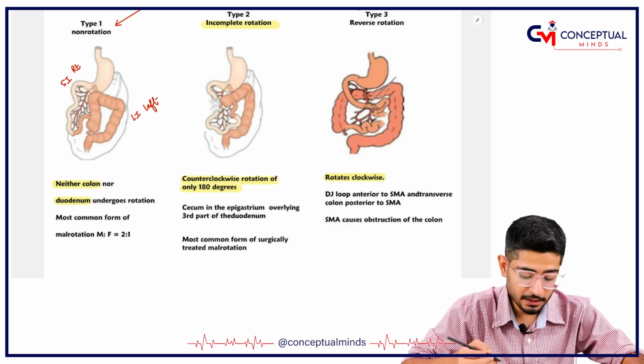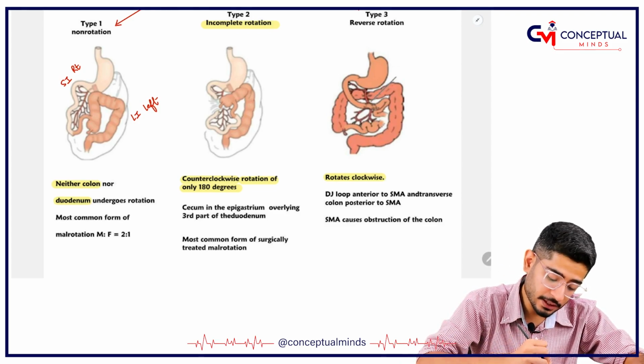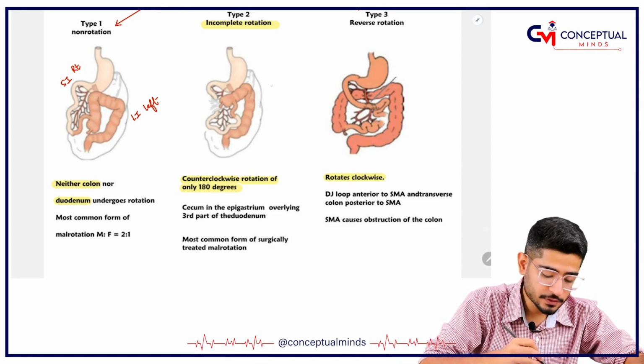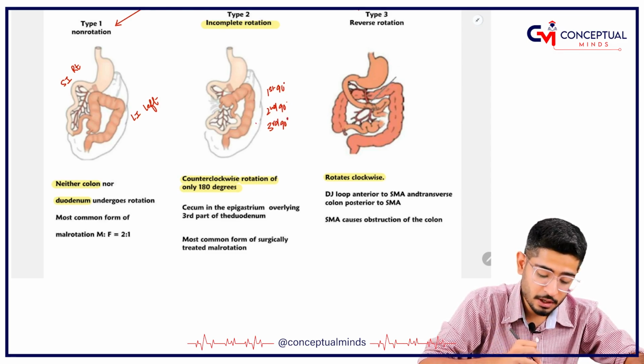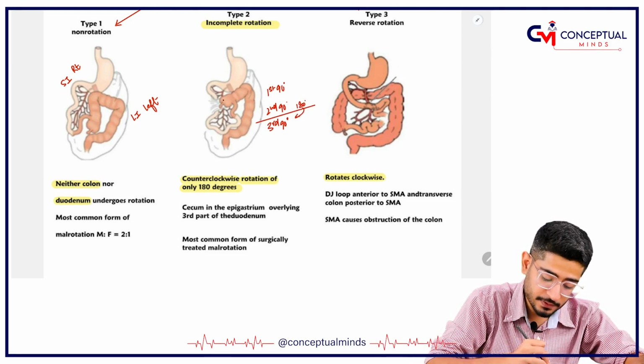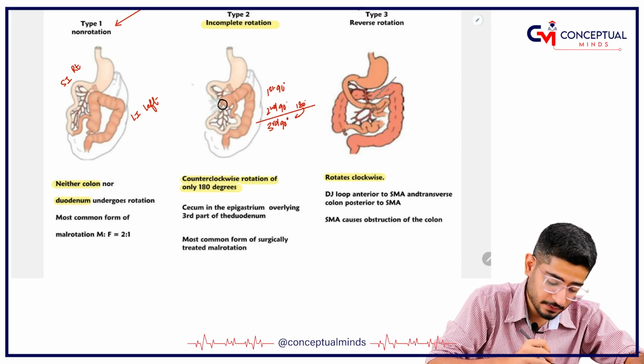But what happens in incomplete rotation? First 90 degrees, second 90 degrees, and third 90 degrees. At the end of the third 90 degree rotation, or after 180 degree rotation, the cecum has to go to the subhepatic area.